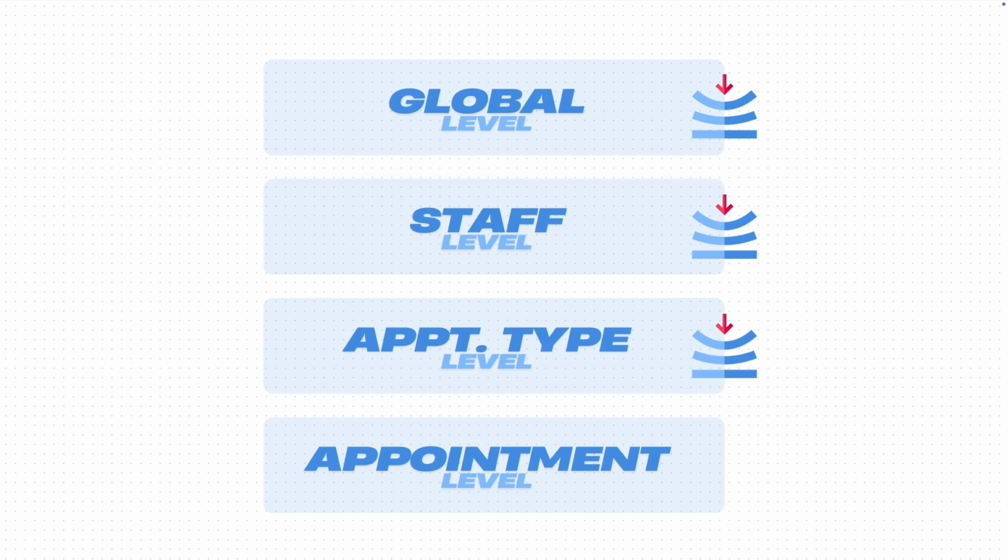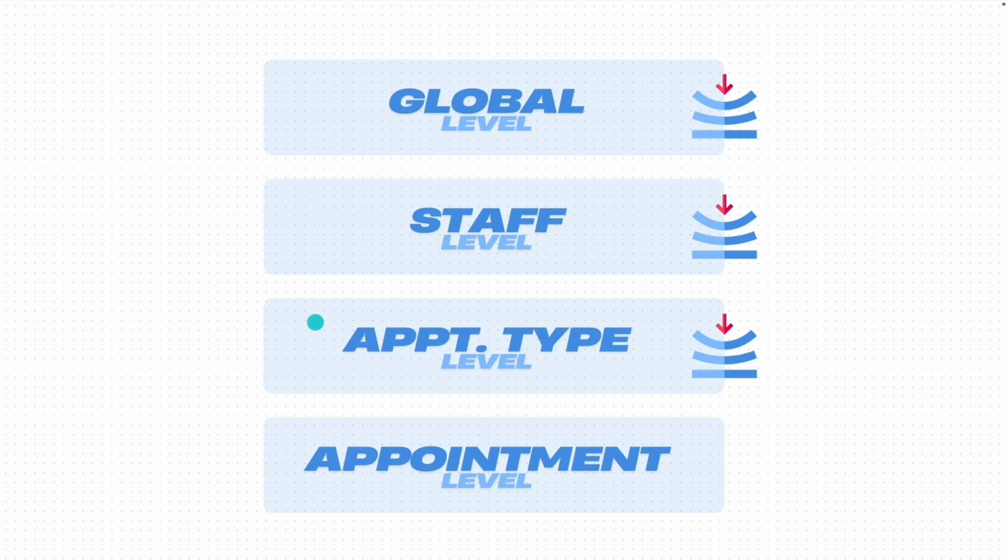But what's very powerful is that the appointment level can be changed for an individual appointment without affecting anything upstream. It doesn't affect this appointment type, only the single appointment. In case you need to make a change to a specific appointment for whatever reason, you need the reminders to be slightly different, you can change them here on this level without affecting anything else.